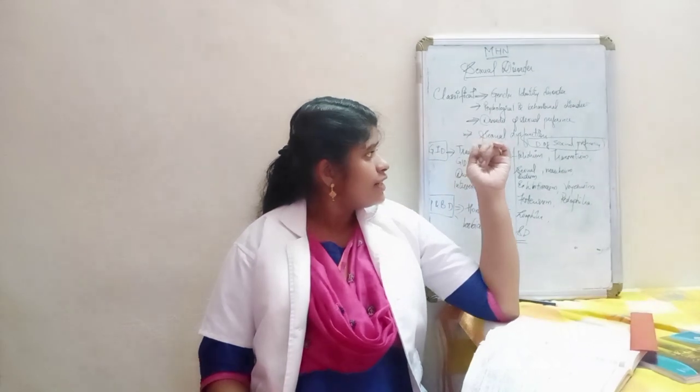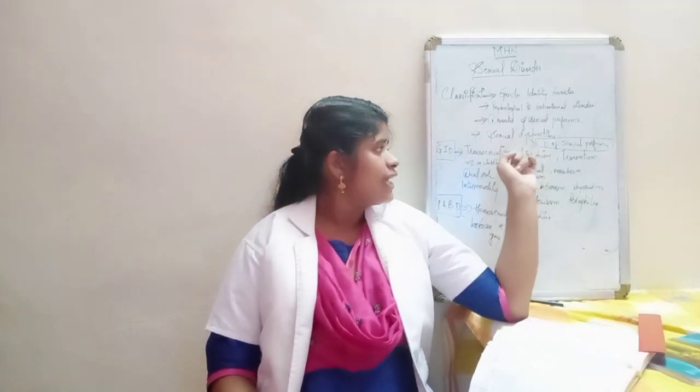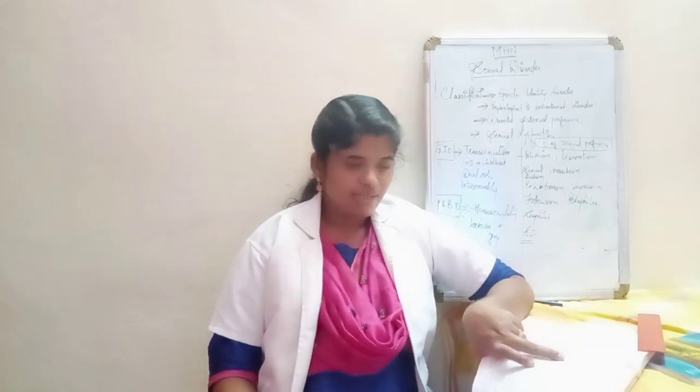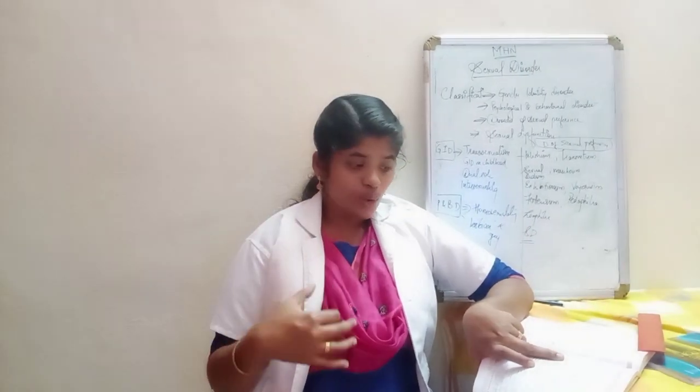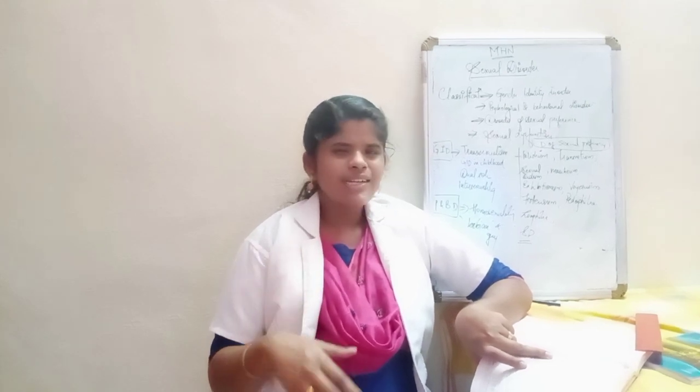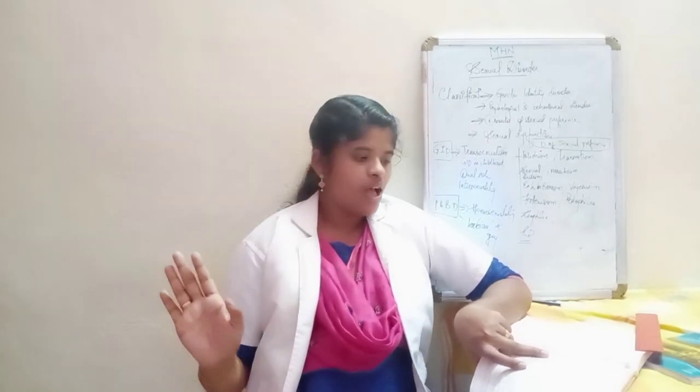So in gender identity disorder, two we have discussed. First one is transsexualism. Second one is gender identity disorder of childhood. Third one is dual role transvestism. Dual role transvestism is a characteristic of wearing clothes of the opposite sex in order to enjoy a temporary experience, but without a permanent sex change.